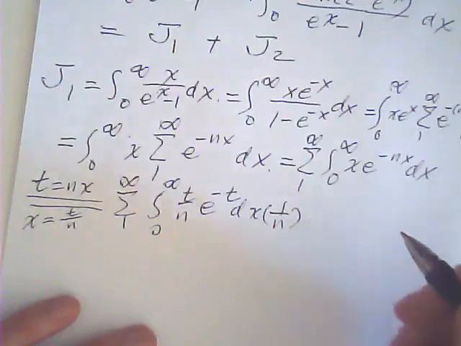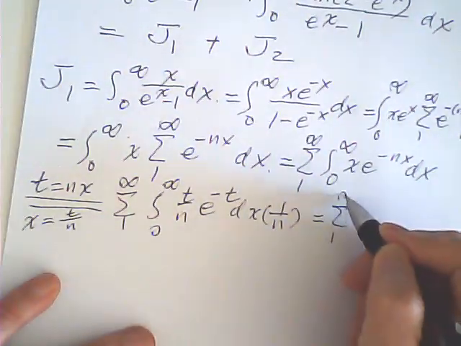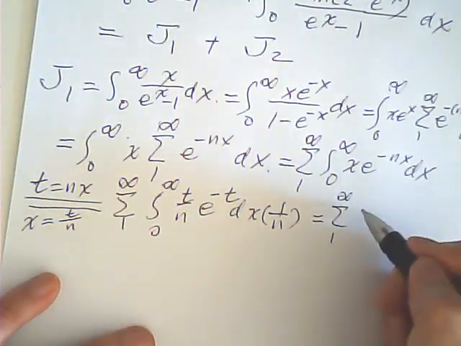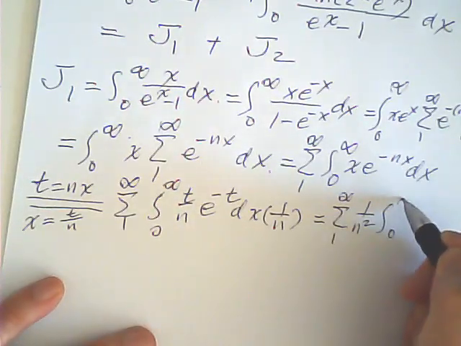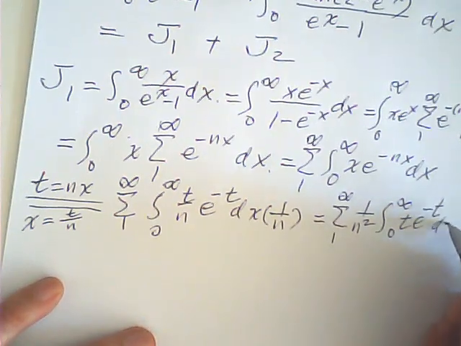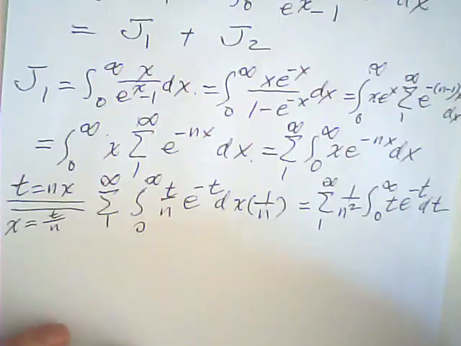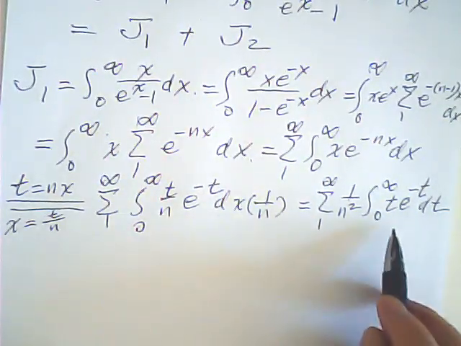So this is equal to n squared taken out, integral of t e to the negative t dt. Well, that integral is not difficult.